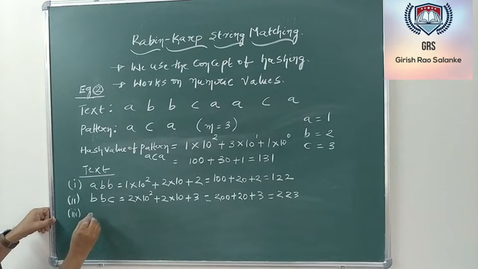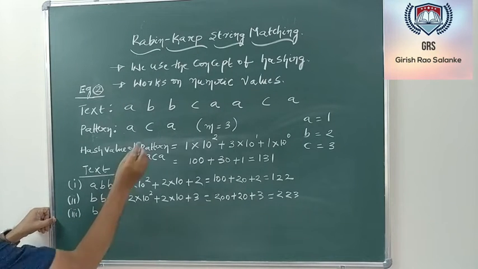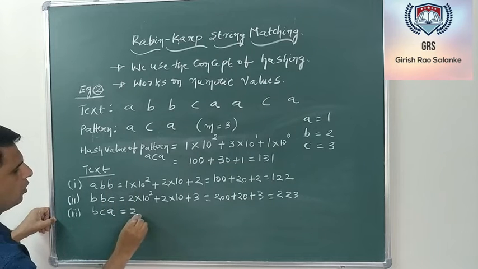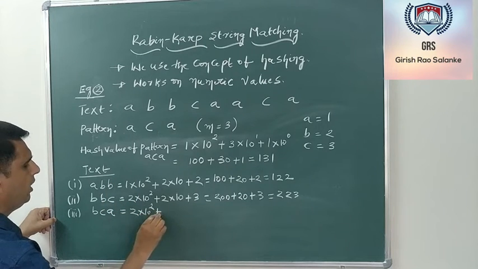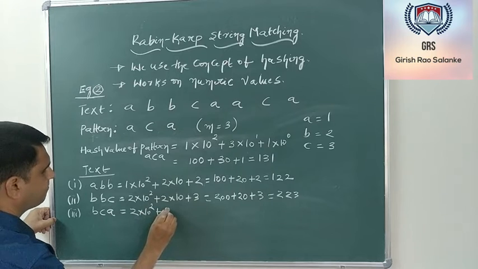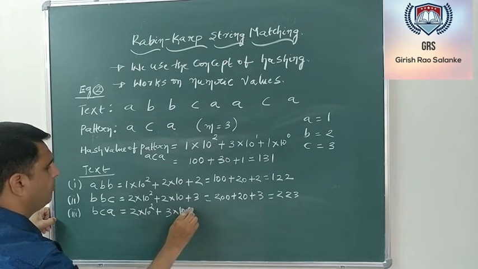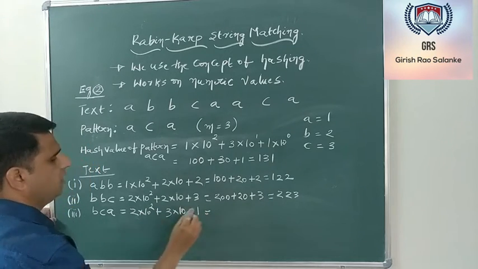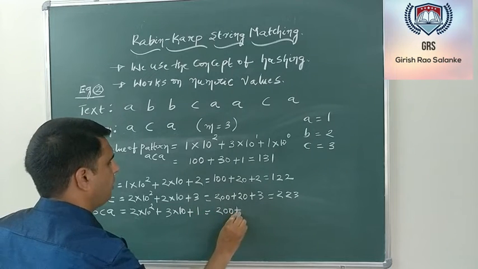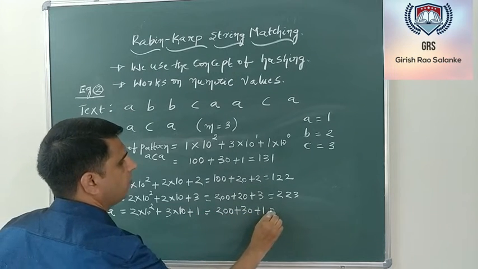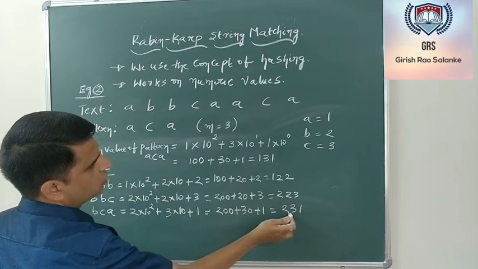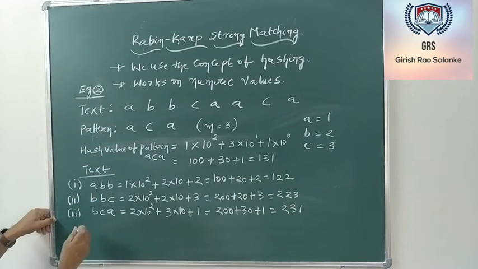The next three characters are BCA. So BCA is 2 into 10 square plus 3 into 10 plus 1, which is 200 plus 30 plus 1, which is 231. Compare this 231 with 131, it does not match. Next, the fourth one after BCA is CAA.